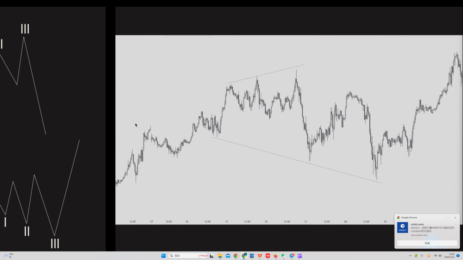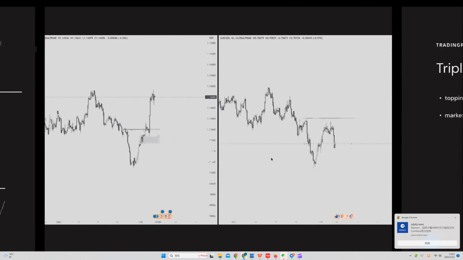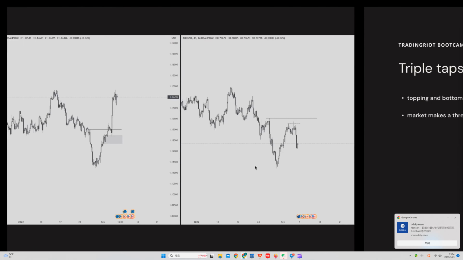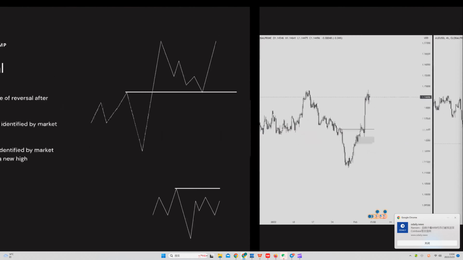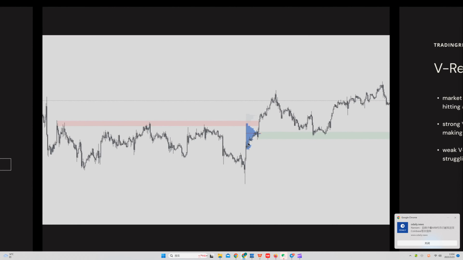Okay, so these are different structures you will see markets making on all time frames over and over again. They are not standalone execution situations. I'm not picking trades simply because of these things. The only thing that is more actionable is this one, which I will cover later on.